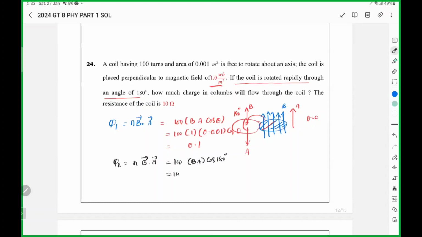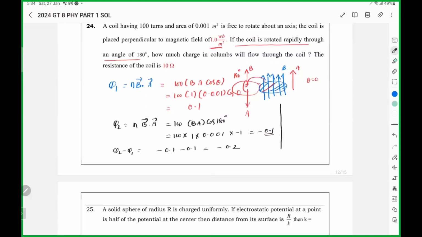So here it is 100, B will be 1, area 0.001, cos 180, it is minus 0.1. Change in flux, you get it as minus 0.2.